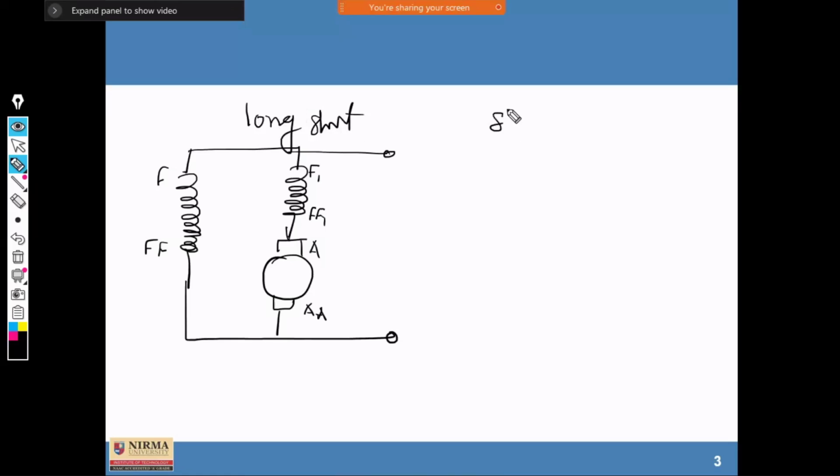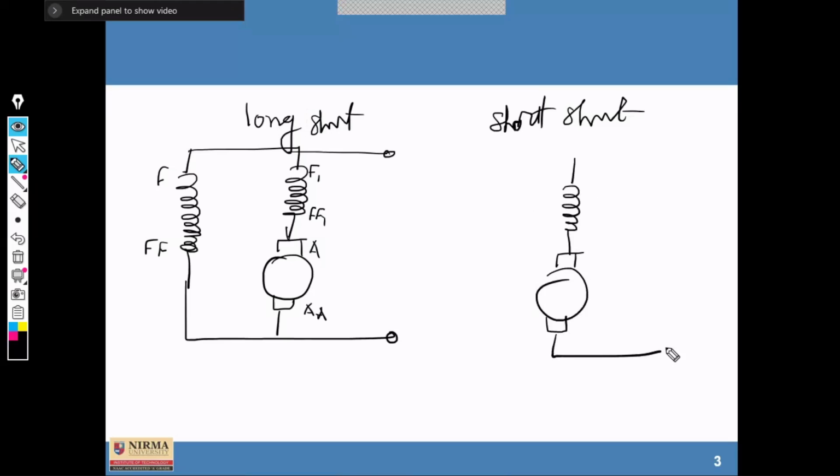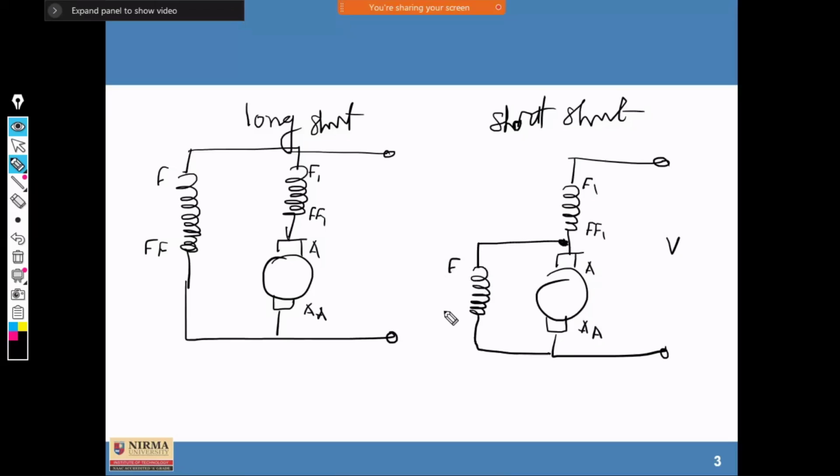And what is short shunt? In short shunt, again the winding is wound to the generator. So this is your voltage F1, F1. This is AA, and here this winding is connected. So this is FFF.